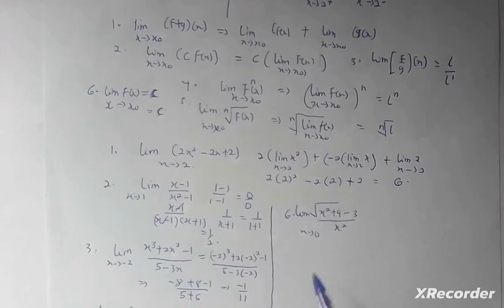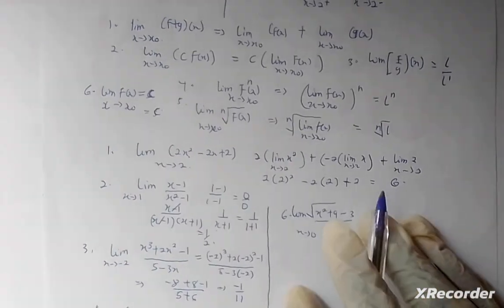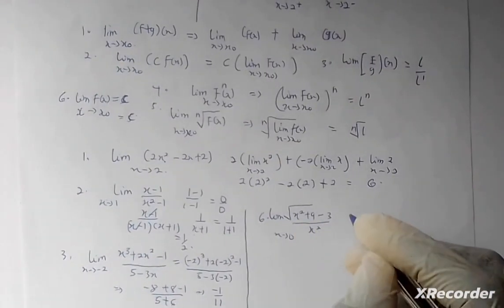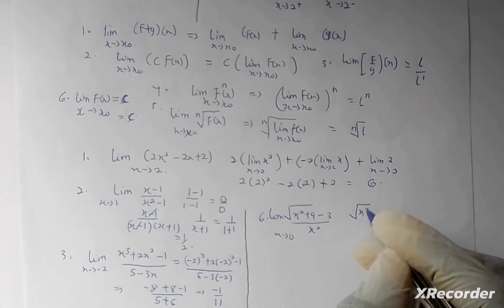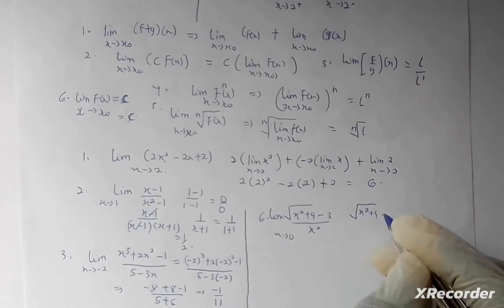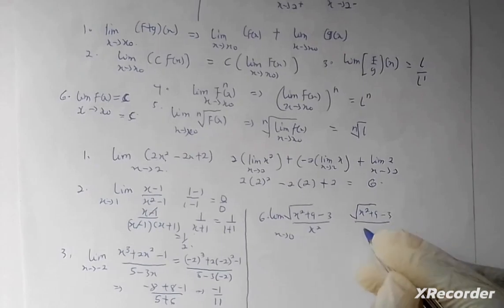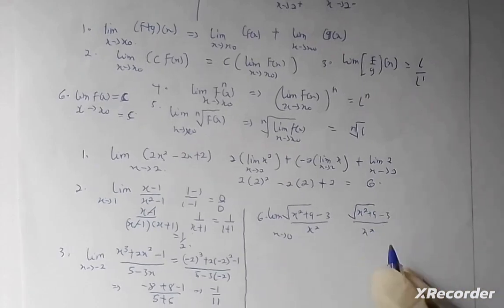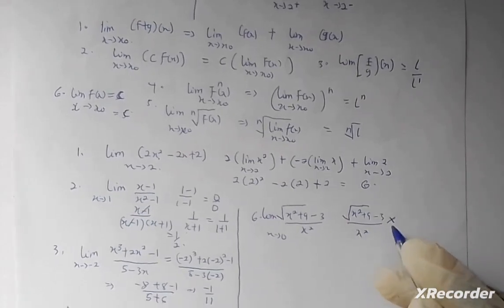I believe you've done surds in high school and also in elective maths in particular. So what you're going to do is, you take this function, that is square root of s squared plus 9 minus 3 over s squared. Then I'm going to multiply it by the conjugate, as we assume it is being multiplied by 1.